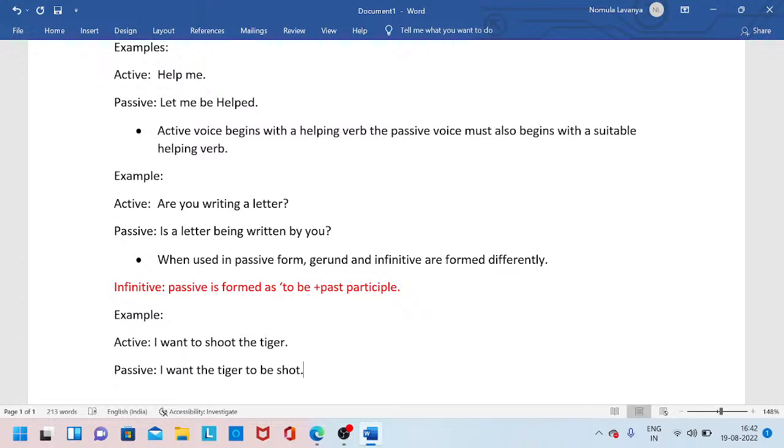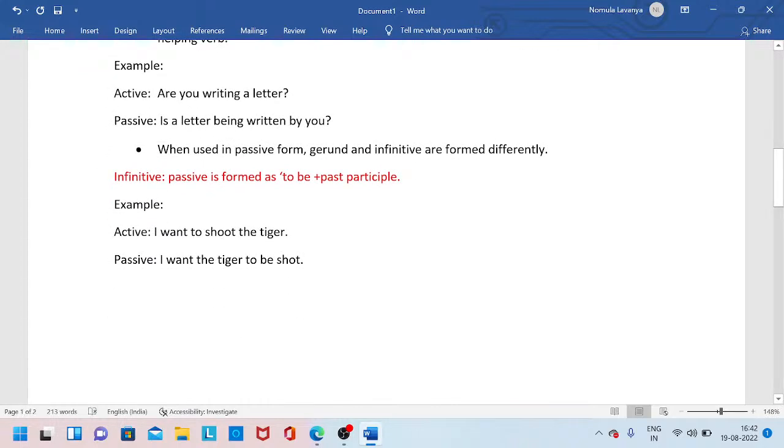So it will change like this. Now see, in infinitive the passive is formed as to be plus participle, right? So this is what it is.